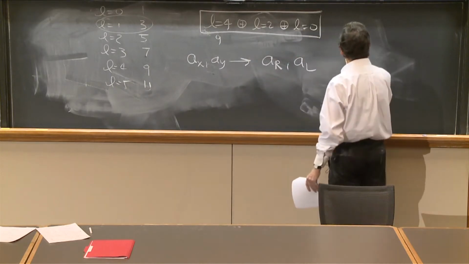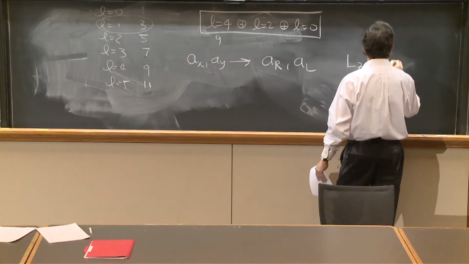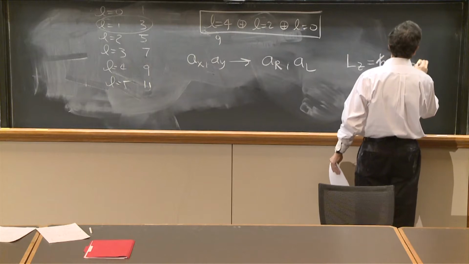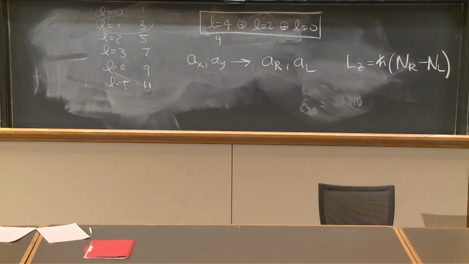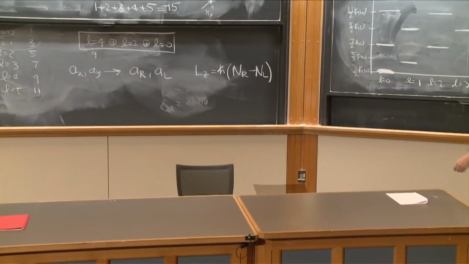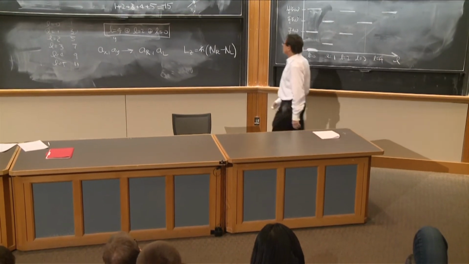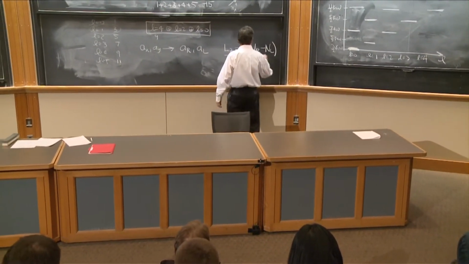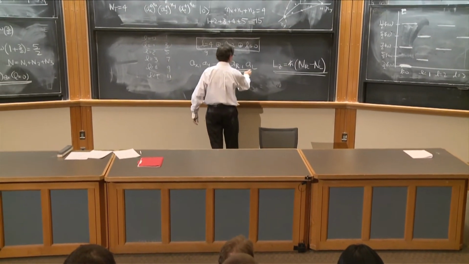And with those, the angular momentum in the z direction was h bar (n right minus n left). This is for a two-dimensional oscillator, but the x and y of the three-dimensional oscillator works exactly the same way. So Lz is nicely written in terms of these variables.